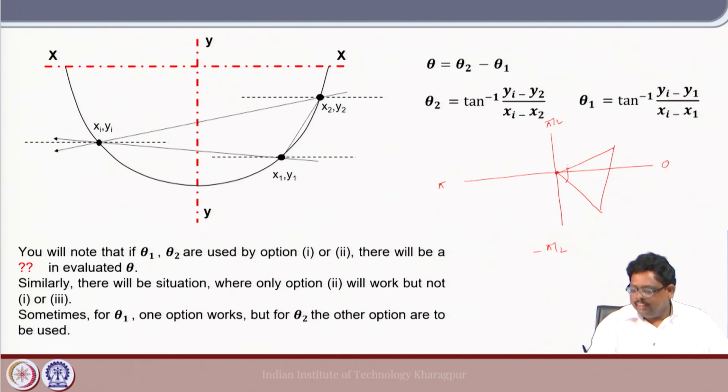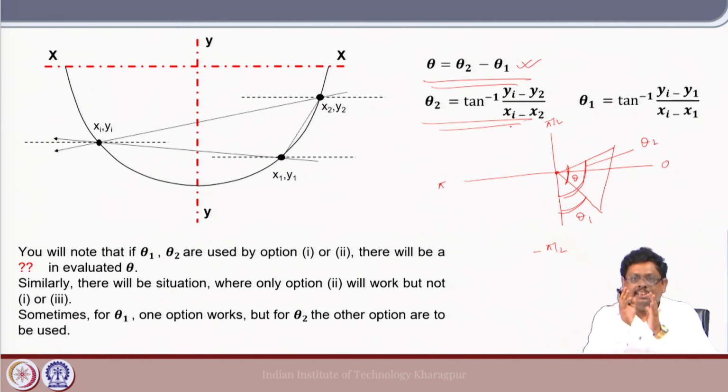So, this is my theta. Now, if I measure from here, this becomes my theta 2 and this becomes my theta 1. I am always doing theta 2 minus theta 1, but now instead of 0 to pi, I am changing it to minus pi by 2 to pi by 2. The moment I change, is this again valid?